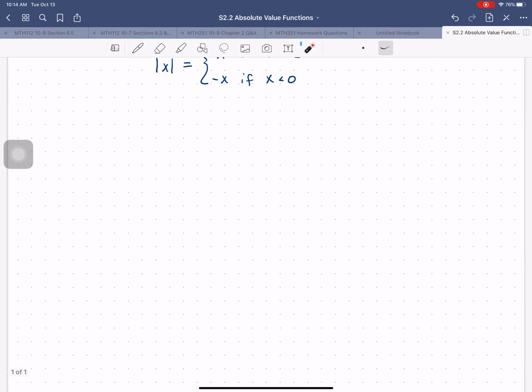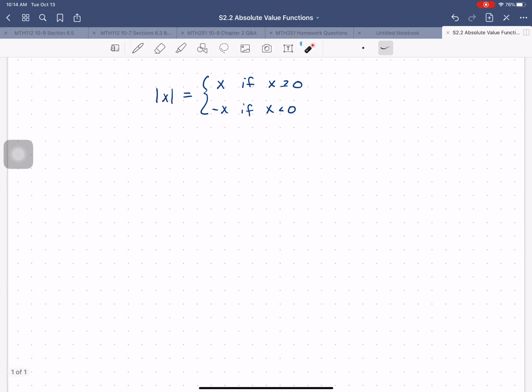Now we have some rules around handling absolute values, and let's summarize those real quick so we know how to handle this algebraically. We can combine the product of two absolute values into the absolute value of the product.